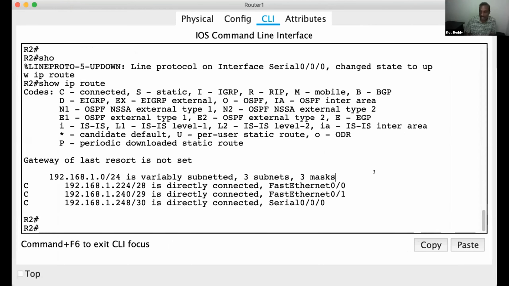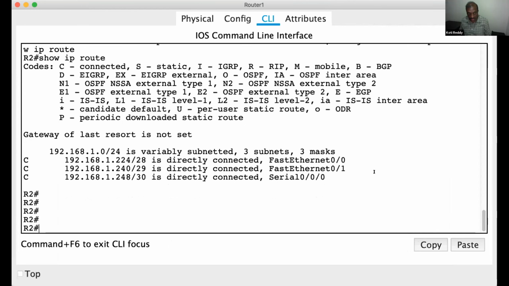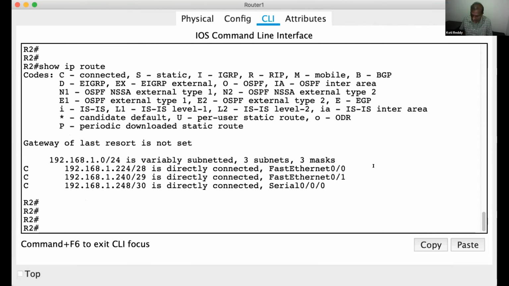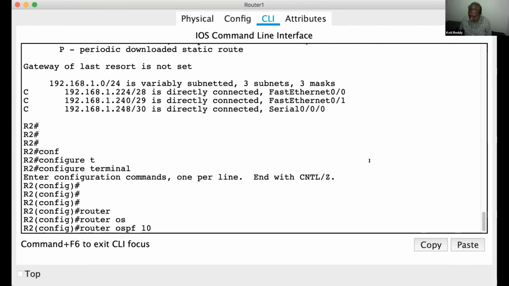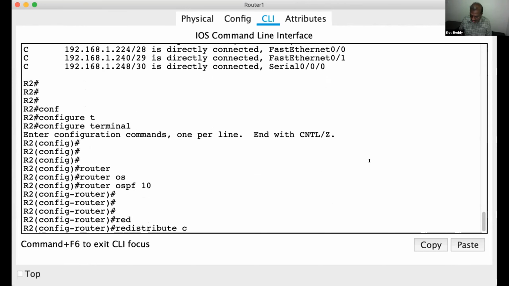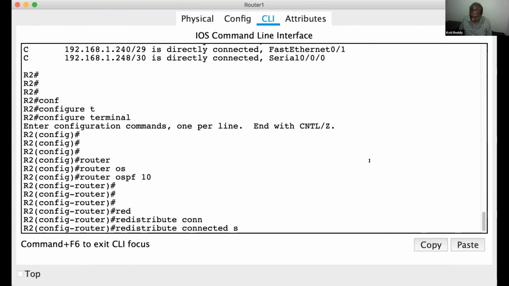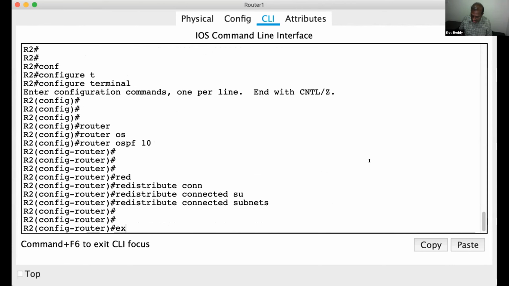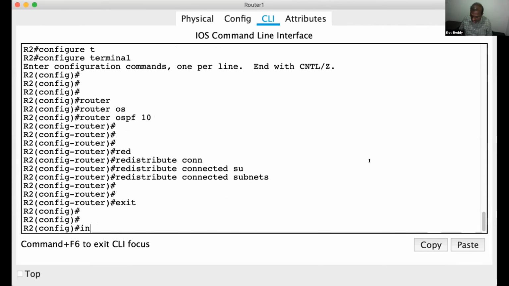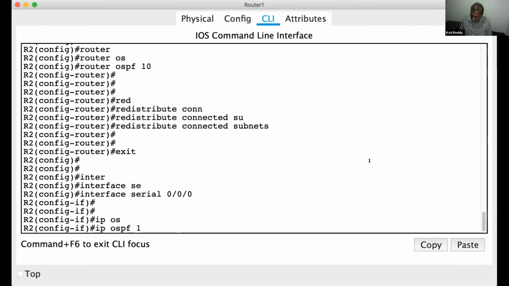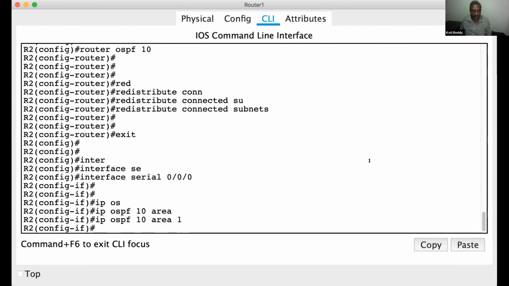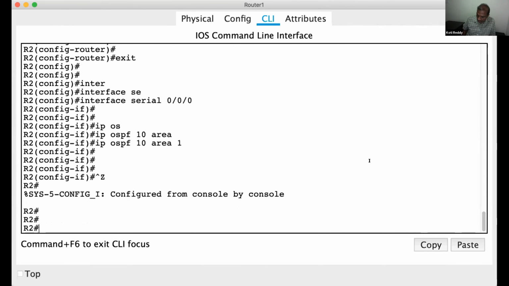In R2 I give the command show ip route. Configure terminal, router ospf 10, redistribute connected with subnets. Include subnets also while redistribution. Interface serial 0/0/0, ip ospf 10 area 1.